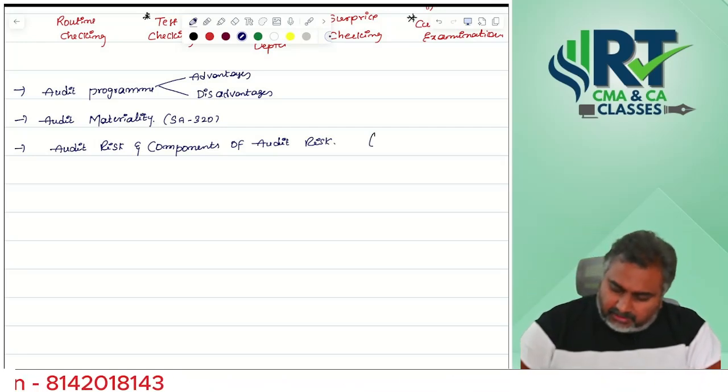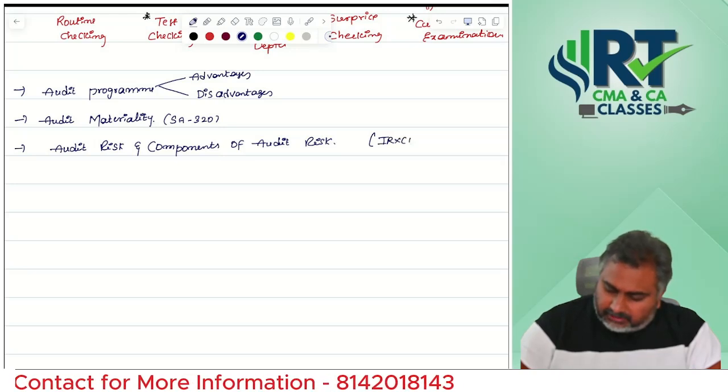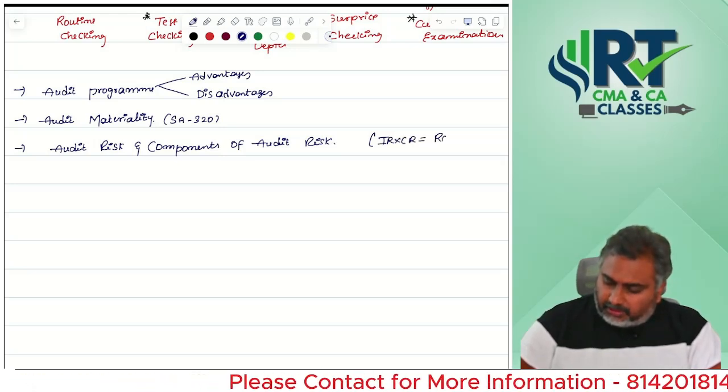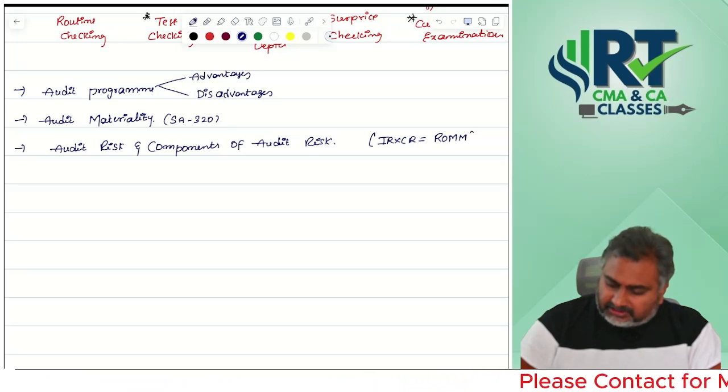Inherent risk and control risk combined we call the risk of material misstatements.